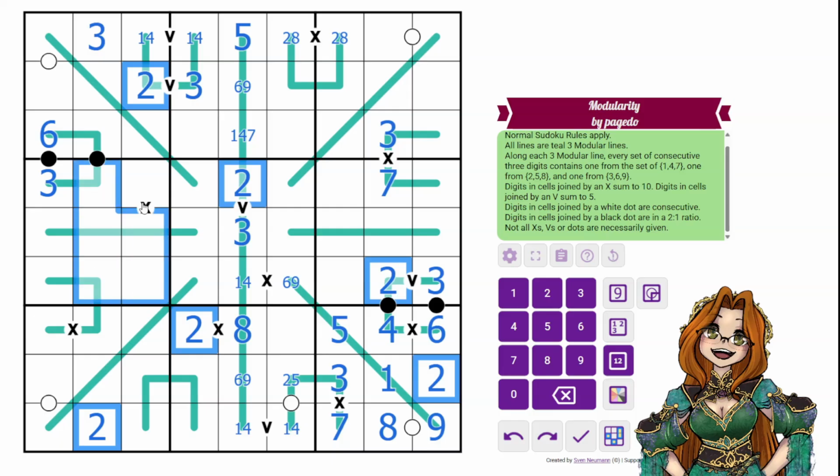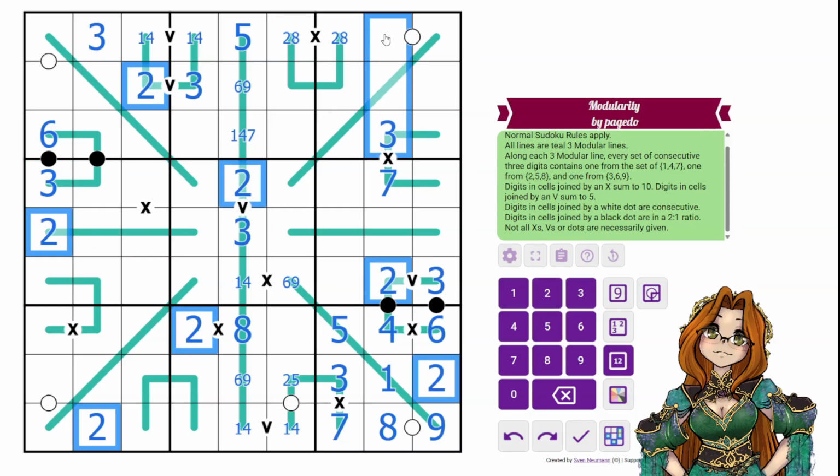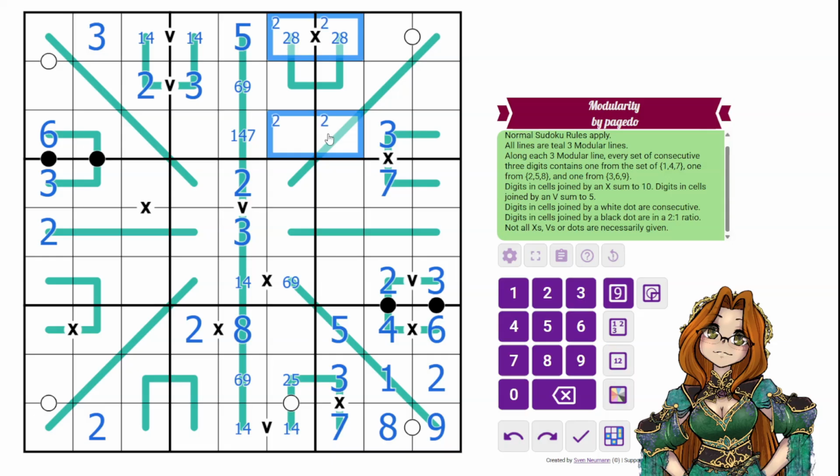How many 2's are left? This one, and... Okay, so we've got an X-Wing left on 2's. Good to know. We can count now here to make that from the 258 group.